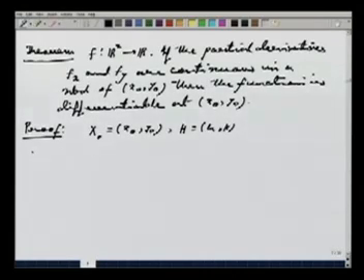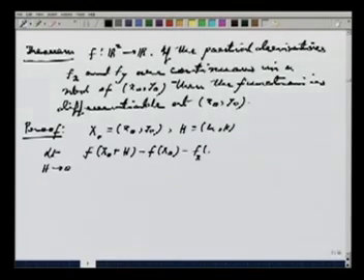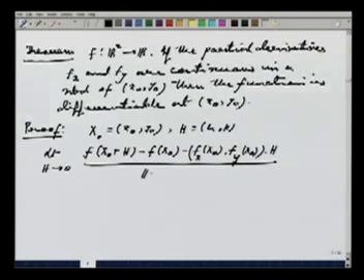In that light, let us look at the limit as capital H goes to 0 of f of X naught plus H minus f of X naught minus fx at x naught times h minus fy at x naught times k, divided by norm H. If I want to show that the function f is differentiable, I should check somehow that this limit is 0.